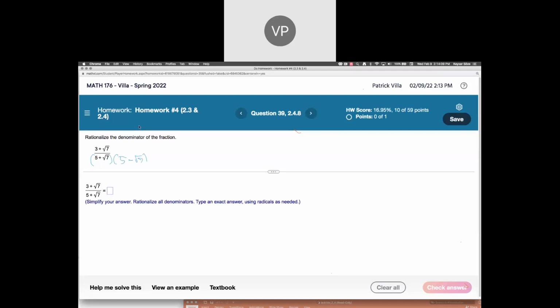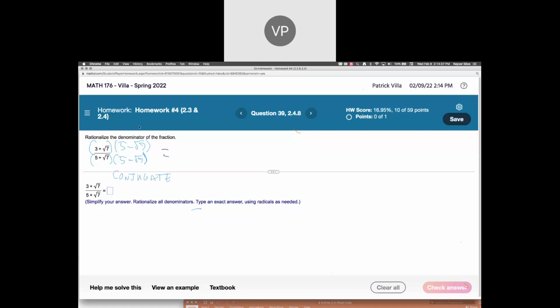I'm sure that word is going to be familiar to most of you. You've heard of that at some point. You wouldn't be this far if you had never heard of it. But remember, the conjugate is the same thing as the denominator, except you change the sign in the middle. 5 plus root 7, the conjugate is 5 minus root 7. If this was a 9 minus root 3, my conjugate would be 9 plus root 3. You just change the sign whether it's plus or minus.